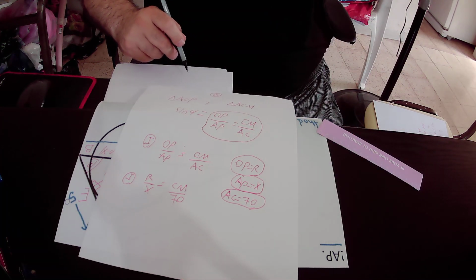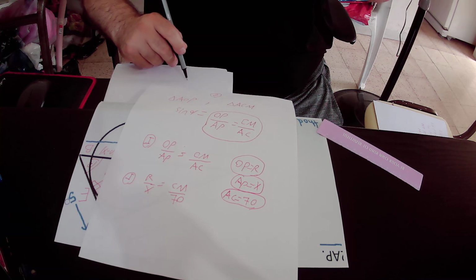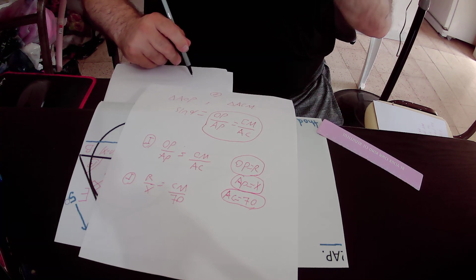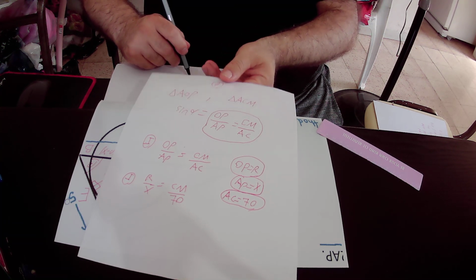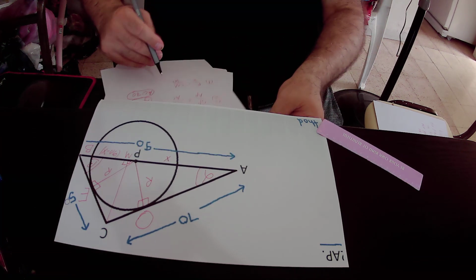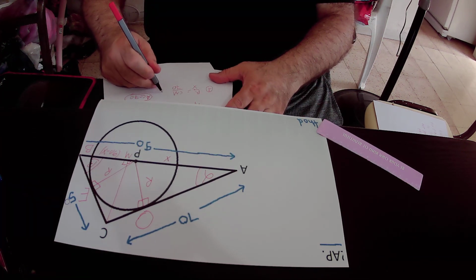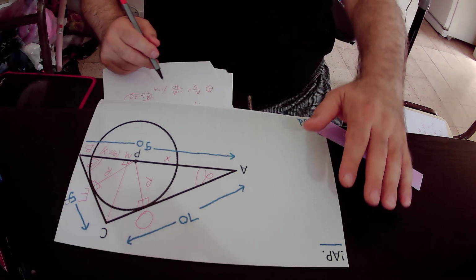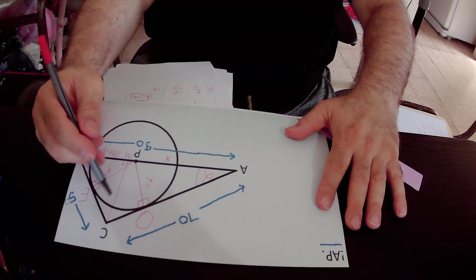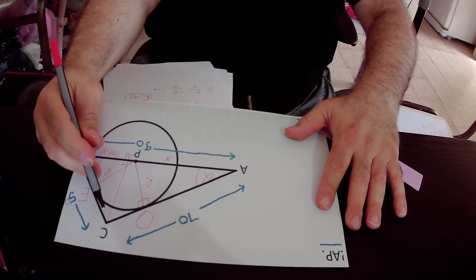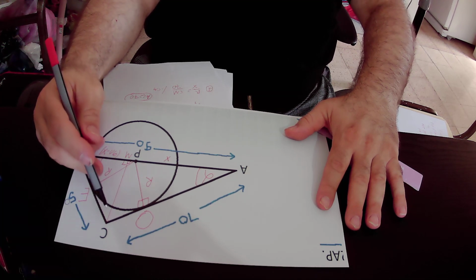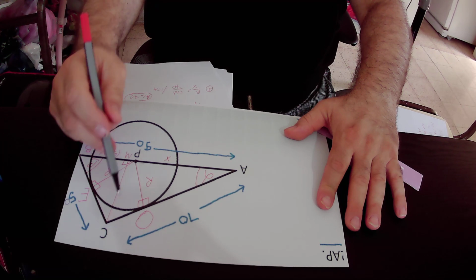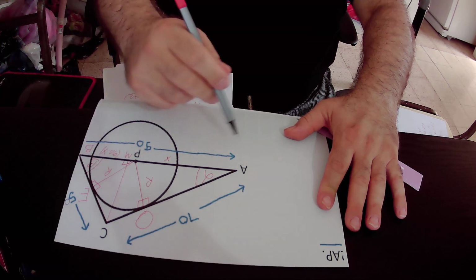Okay, in the next step we divide both sides of the equation by CM. It is allowable to divide the equation by CM because CM is actually the perpendicular to side AB of the triangle.